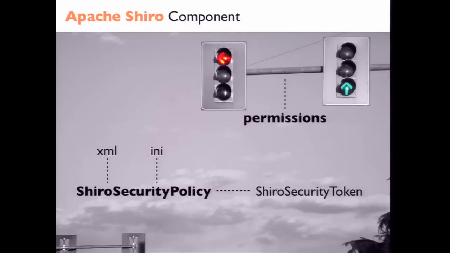Apache Shiro more or less provides the same functionality. The only big difference is Apache Shiro is more about permissions than about roles. But, well, you have to create permissions, meaning user X is allowed to access route Z and to modify data set, whatever. So permissions are a little bit different than roles from before.